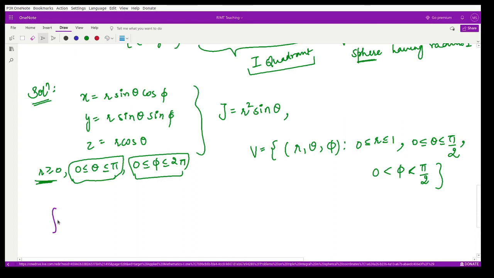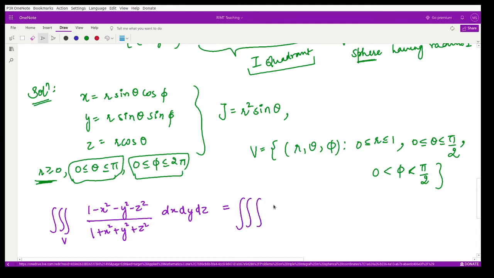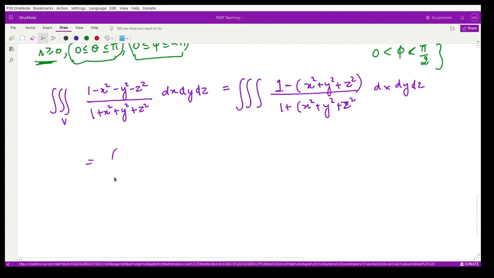Therefore our integral over V of 1 minus x square minus y square minus z square divided by 1 plus x square plus y square plus z square dx dy dz is equal to the region where, instead of the Cartesian coordinates, if you take the negative sign common, you can write this to be x square plus y square plus z square divided by x square plus y square plus z square, dx dy dz, and then you could change it into the corresponding spherical polar coordinates.